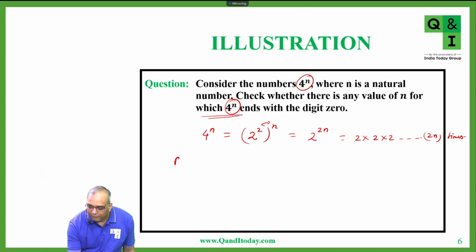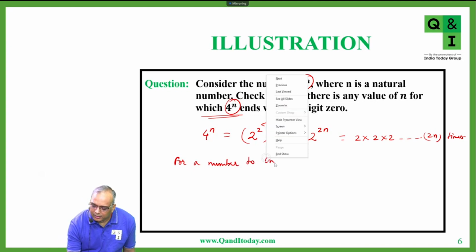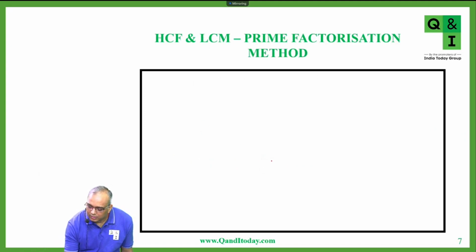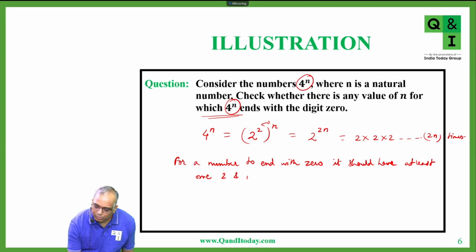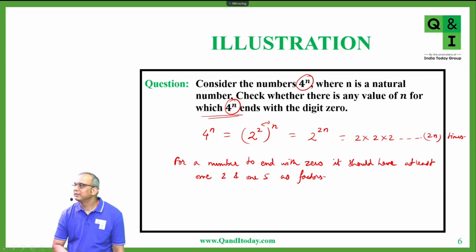Now for a number to end with 0, it should have at least 1 2 and 1 5 as factors, right?